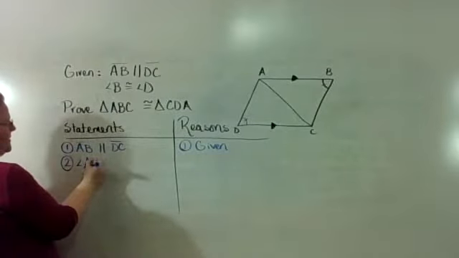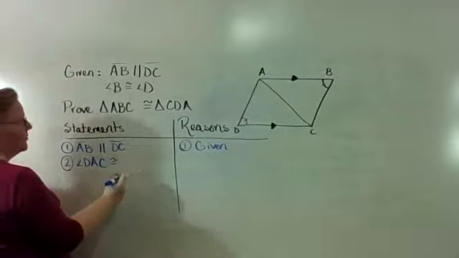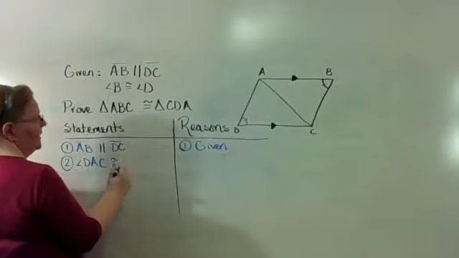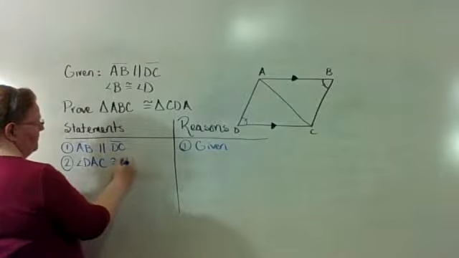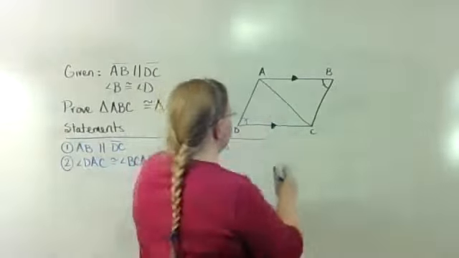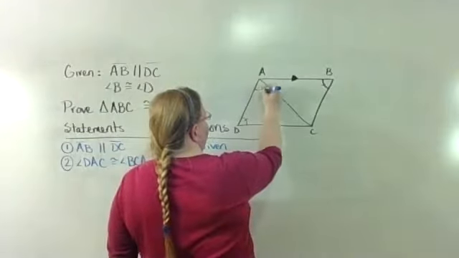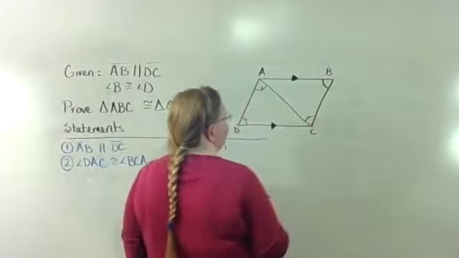Angle DAC is congruent to angle BCA, which means that this angle up here is congruent to that angle down there.